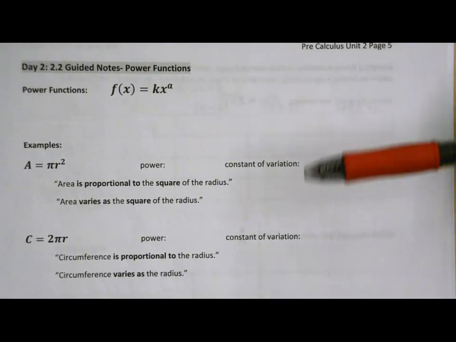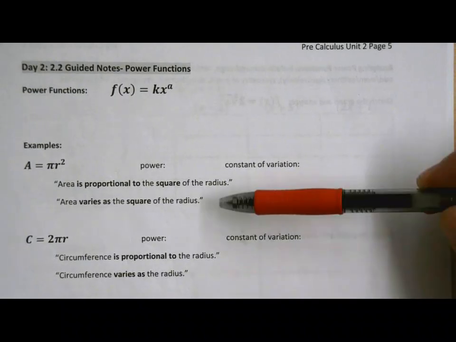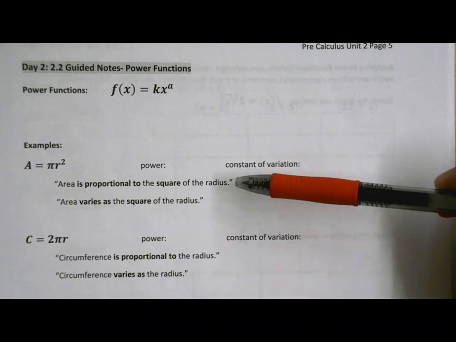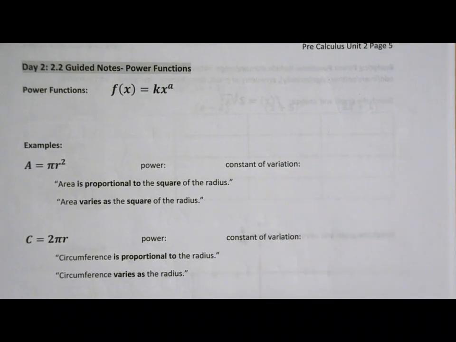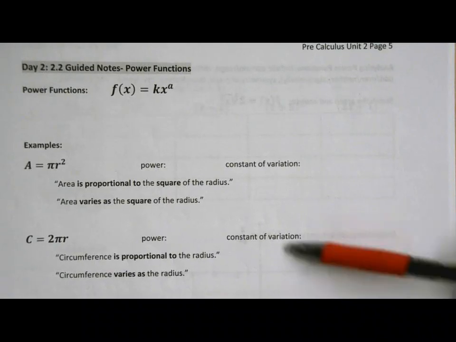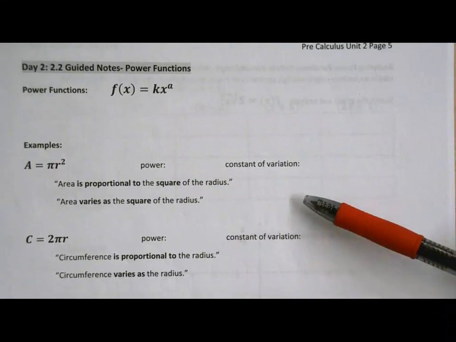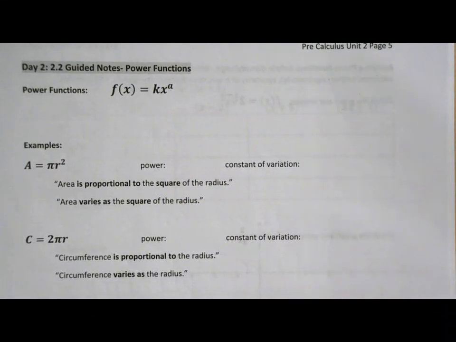And really, the big thing is, if you run into a sentence that describes a power function, can you use that sentence to write an equation? And then vice versa, if I give you an equation, could you use that equation to write a sentence? This is the type of stuff that's going to come up in our science textbooks as you go on into your more advanced science courses. So let's just dive into it.